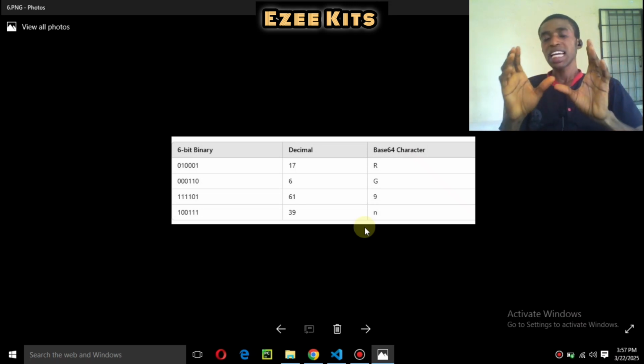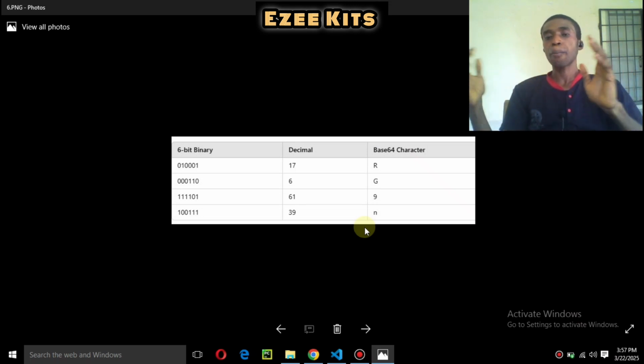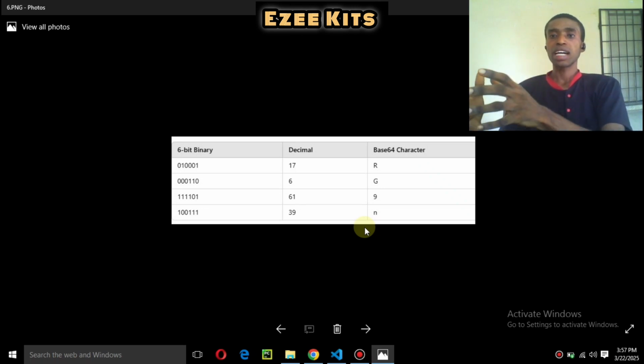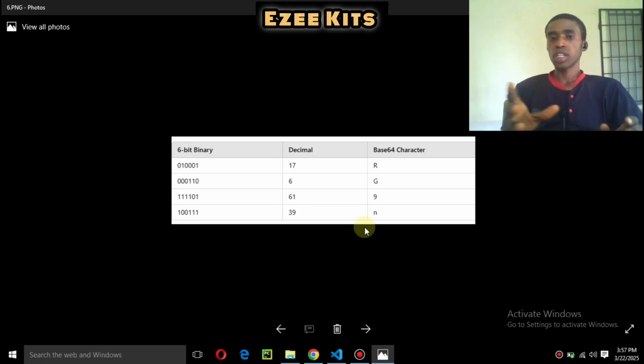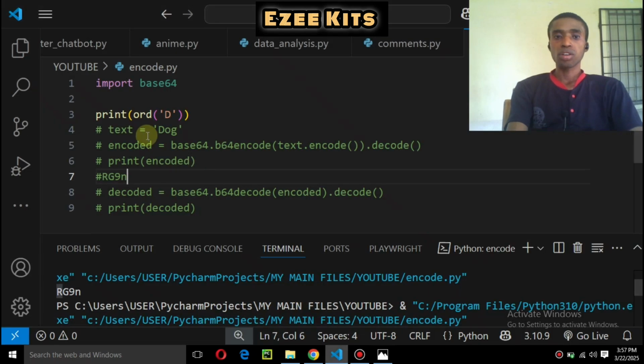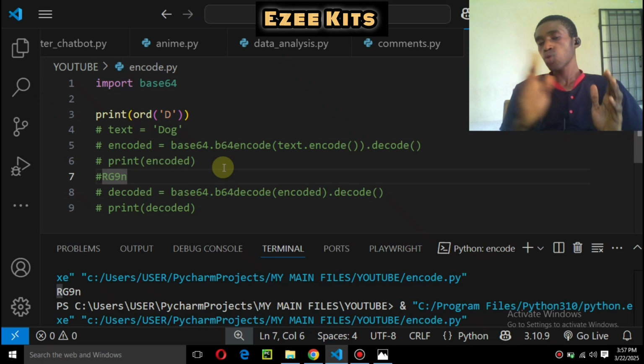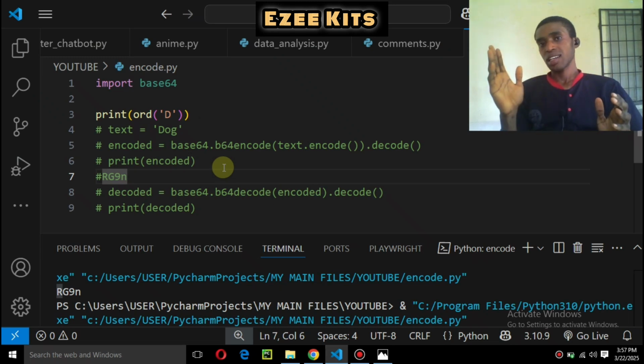In a situation whereby this is not complete, it is going to pad with zeros, and they're going to give equals signs to fill the missing spaces. So it's going to go back till it gets to the original text that we set here. This is also basically going to happen throughout each of the characters.